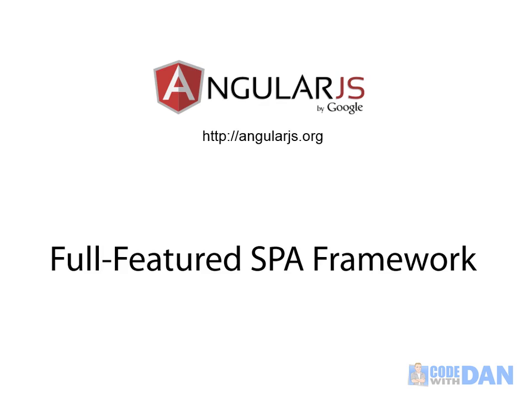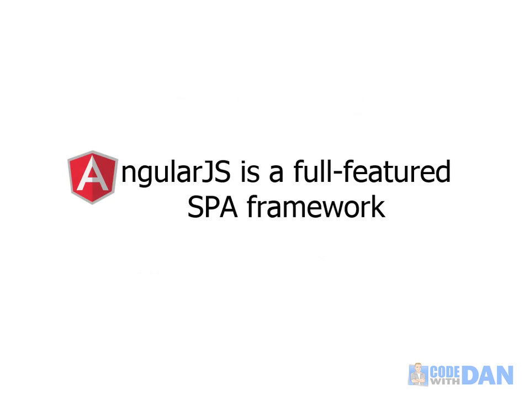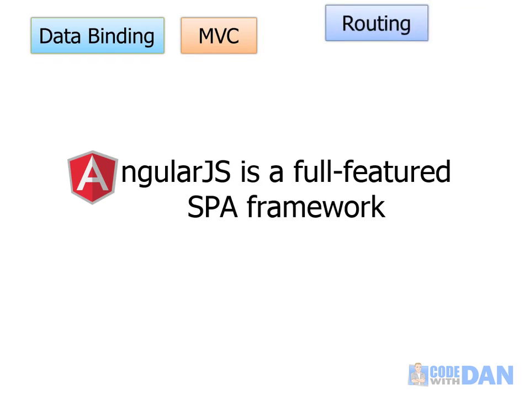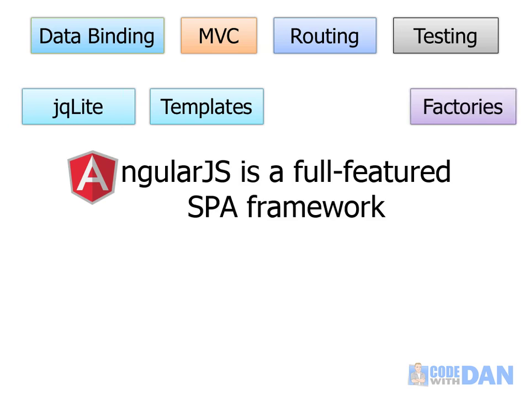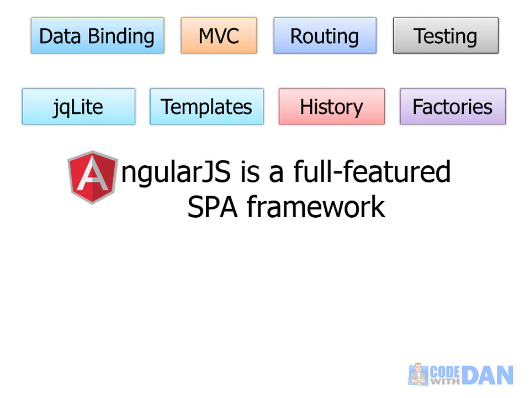Now, anytime I work with a framework, I always want to know before I jump into it very heavily, what exactly does it promise? What does it offer us? Well, AngularJS, being a full-featured SPA framework, offers a lot of cool things. And I'm going to show you a few of these here, and don't feel like you have to understand all these up front. We're going to be going through many of these throughout the course.